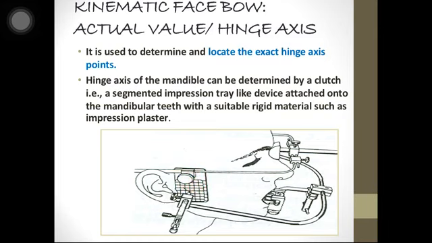and when the mandible moves there is formation of a certain shape over this graph which shows the point where the movement starts and where it ends. When the mandible closes, this stylus moves back to the original point, and that is how a rotational axis or hinge axis is recorded.